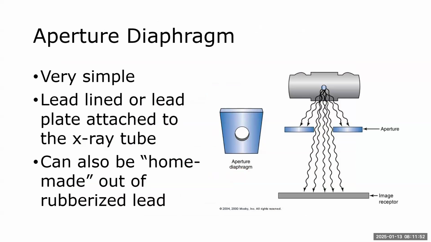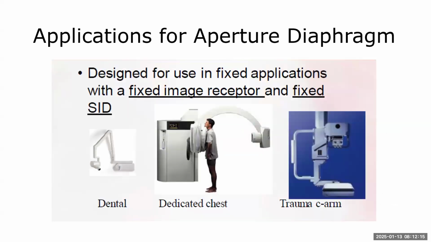It can also be homemade out of rubberized lead, like if you took the lead out of a lead apron, you could cut a square and cut a hole in it and do the same thing. Rare that you're going to see this type of beam restrictor, unless you go to work in some place where equipment is super, super old.